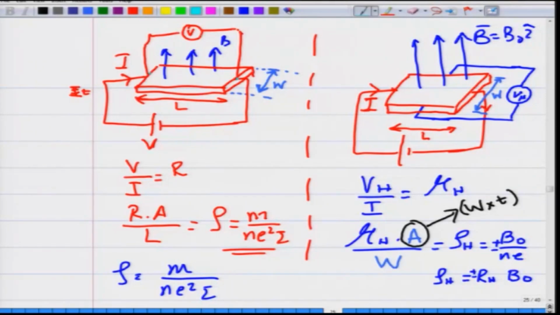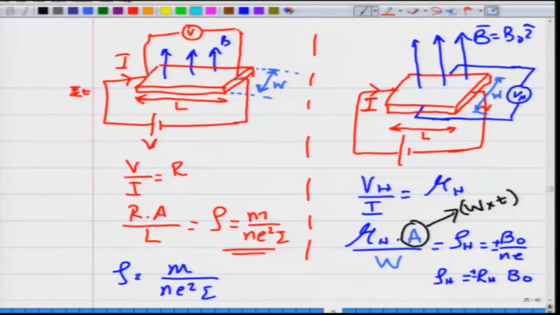Between these 2 points you will measure the longitudinal voltage, you are sending in a current I, and as per Ohm's law, V by I is equal to R, and R into area of cross section of the sample divided by the length of the sample is nothing else but the resistivity, which as per your Drude's model is m by n e square tau, where tau is the scattering time in the problem, and this is as far as your normal longitudinal conductivity is concerned.